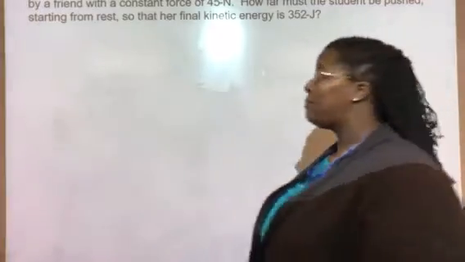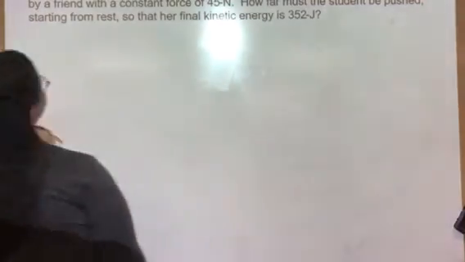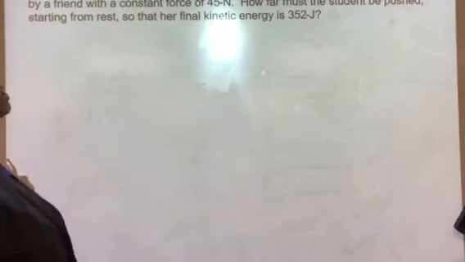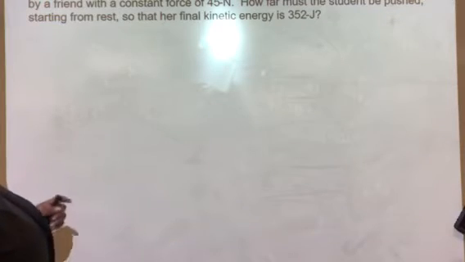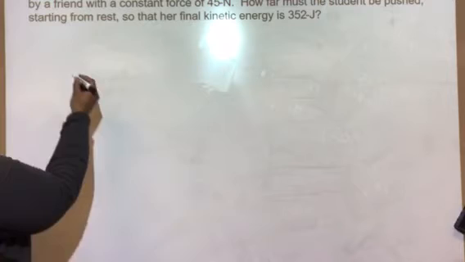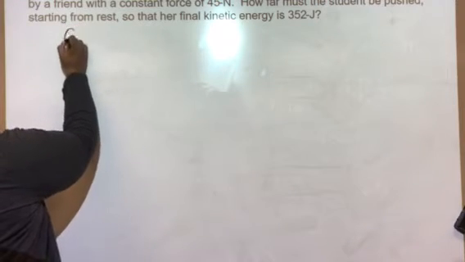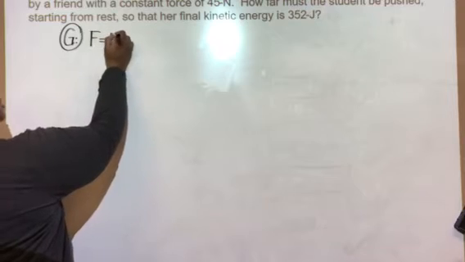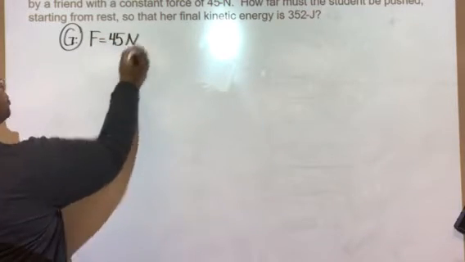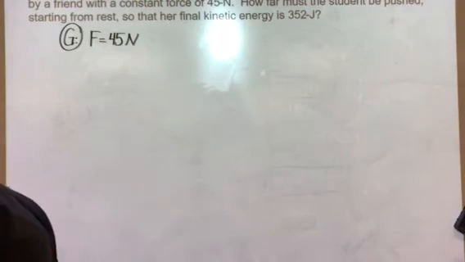Let's show our given, and we'll set this one up for you. A student wearing frictionless inline skates on a horizontal surface is pushed by a friend with a constant force of 45 newtons. So our first piece of given information will be force. How far must the student be pushed starting from rest?